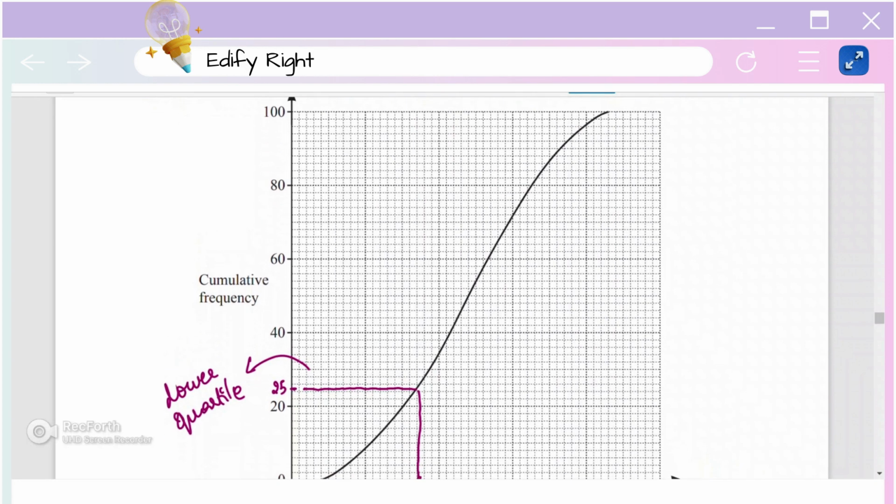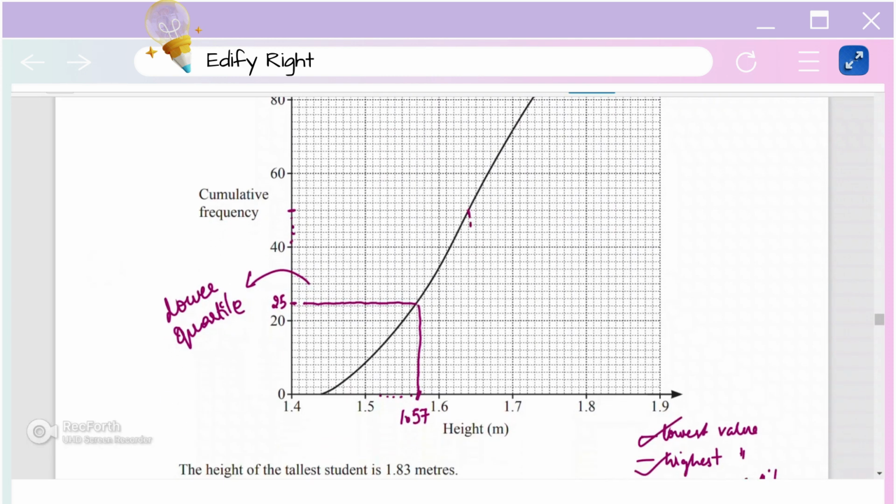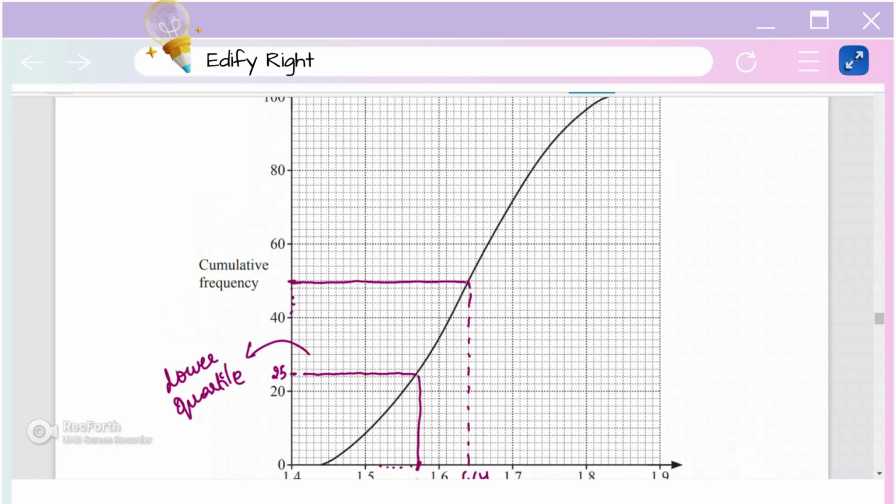And then we have the median, which is 50. So here we're gonna draw a line. So this is supposed to be 1.64, that's where the median is. And then the next 75.